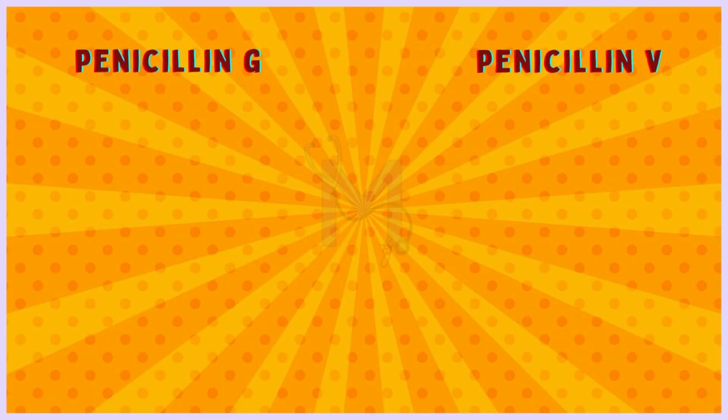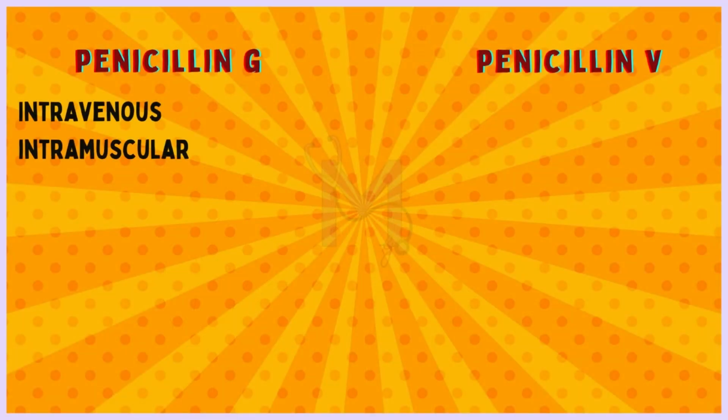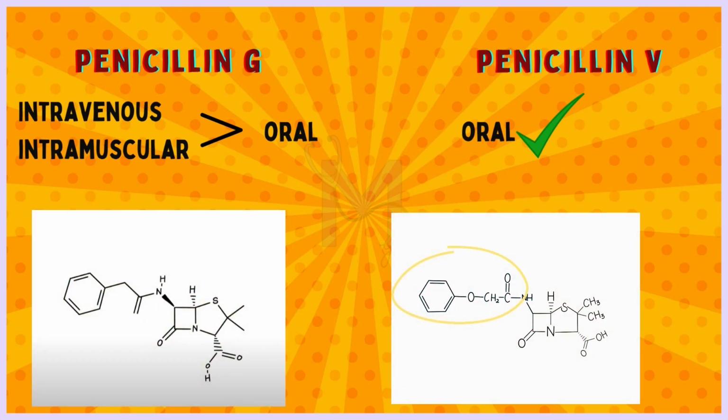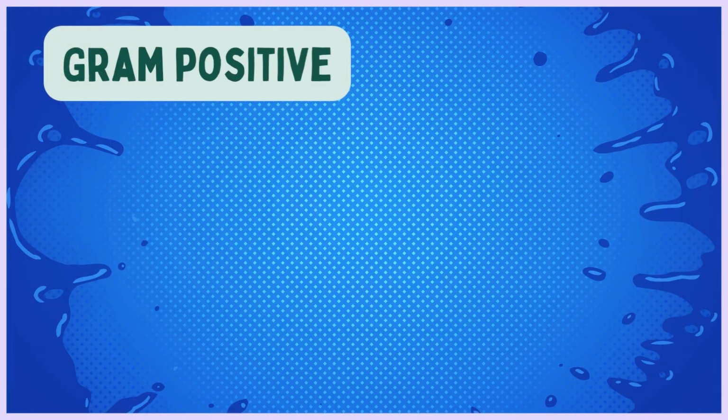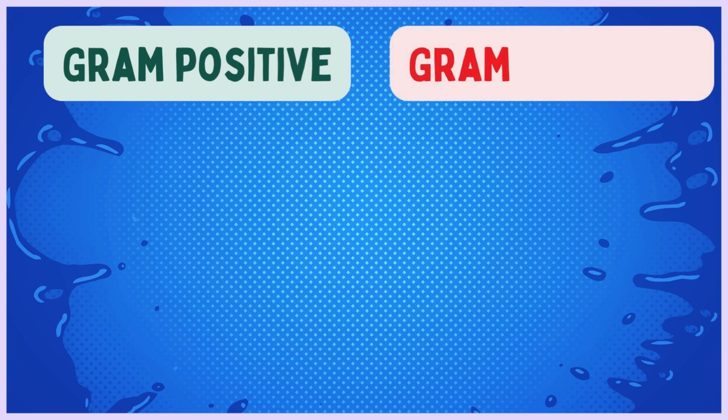You must be aware that intravenous and intramuscular administration of penicillin G are preferred over oral administration, while oral administration of penicillin V is possible. This is primarily due to the phenoxymethyl side chain in penicillin V, which guards against the beta-lactam ring being damaged by gastric acid.